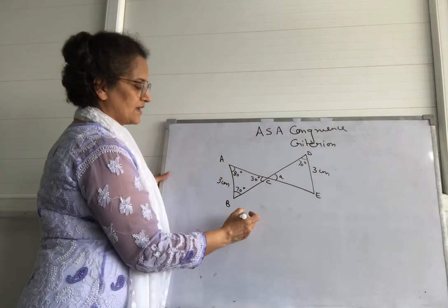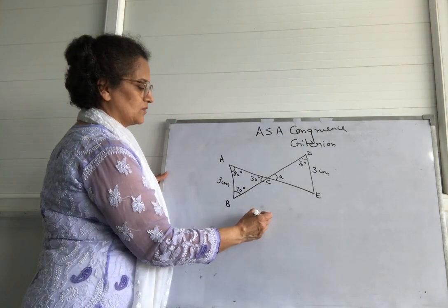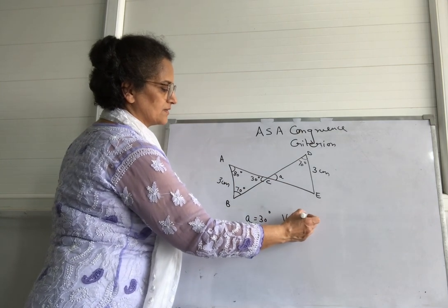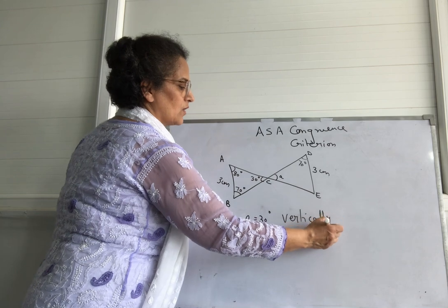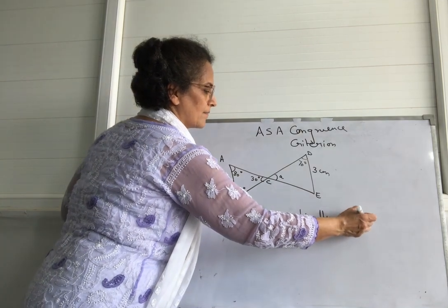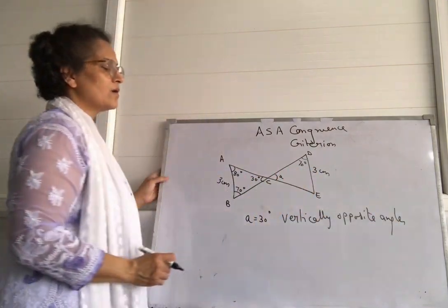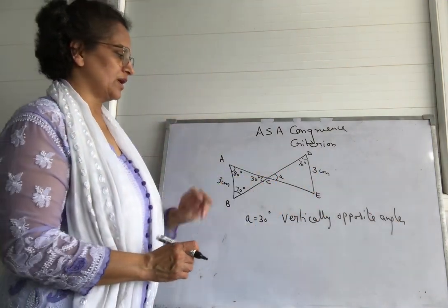So I can say angle a is equal to 30 degree, vertically opposite angles. Now we have found a also.